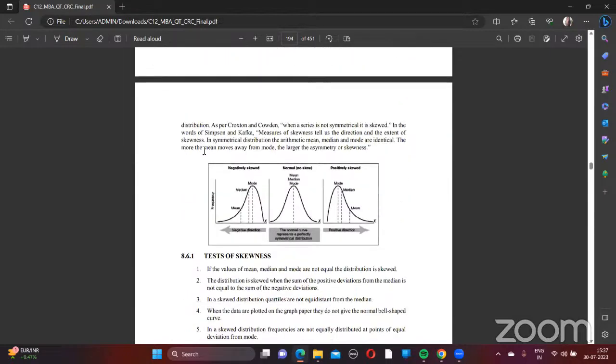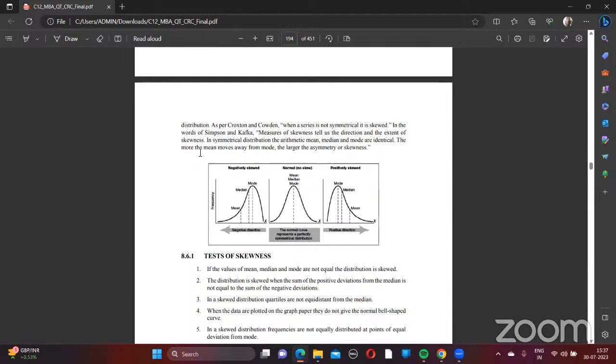In the words of Simpson and Kafka, measures of skewness tell us the direction and extent of skewness. In a symmetrical distribution, the arithmetic mean, median, mode are identical, which you can see in the middle graph. The middle image is your symmetrical distribution.